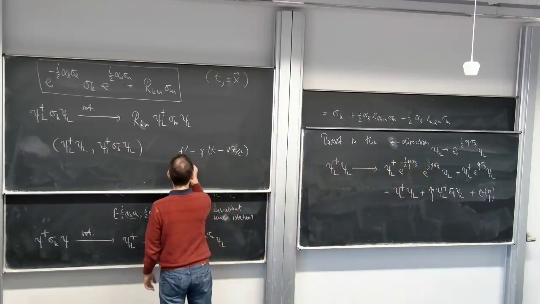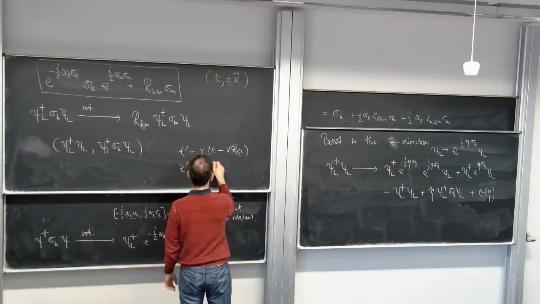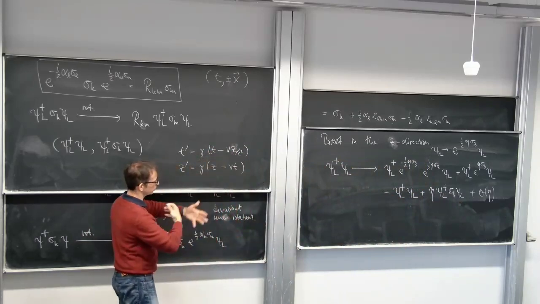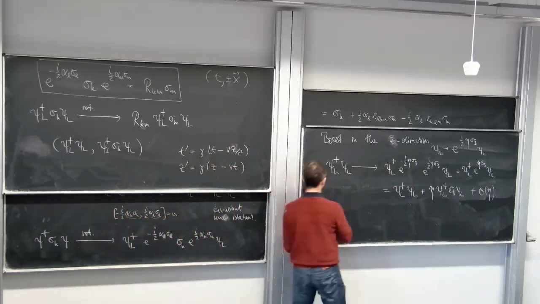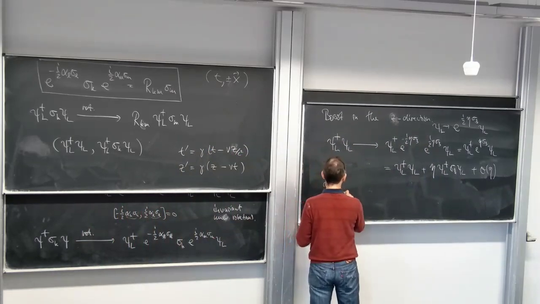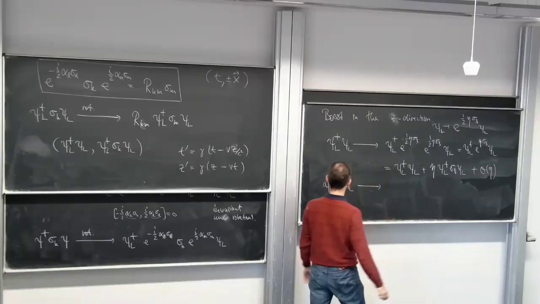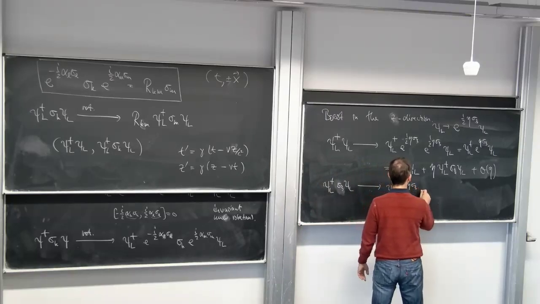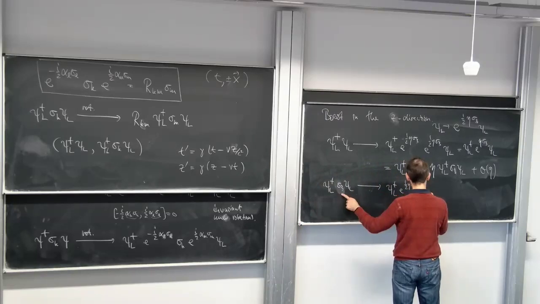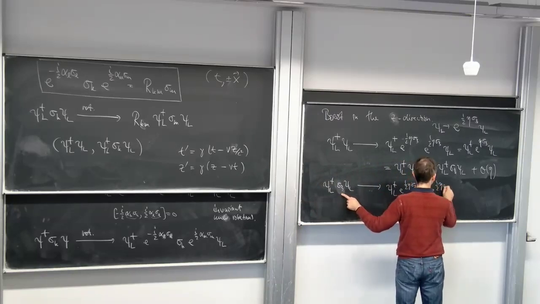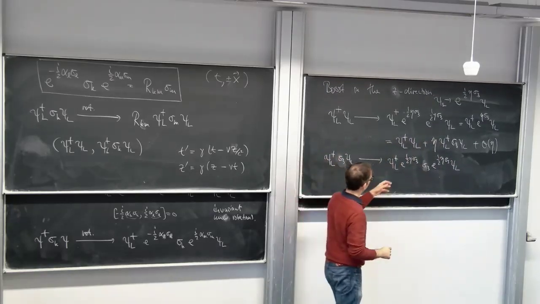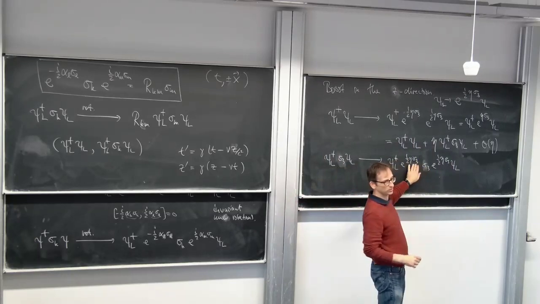Now the z prime, what is it? Z minus vt. Now we want the mixture with the t. So if we do psi L dagger sigma 3 psi L, then we get psi L dagger e to the 1/2 eta sigma 3 sigma 3 e to the 1/2 eta sigma 3 psi L. Now again, this is easy because the sigma 3 and the exponential commute.